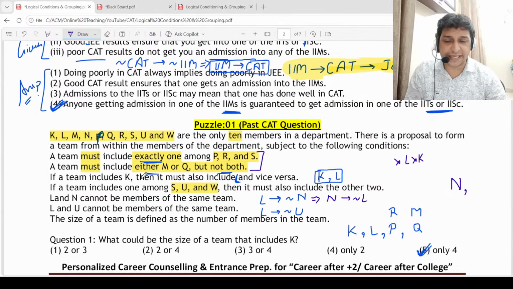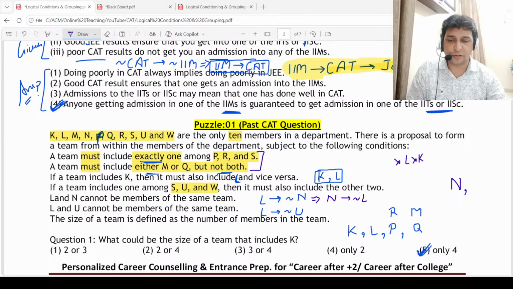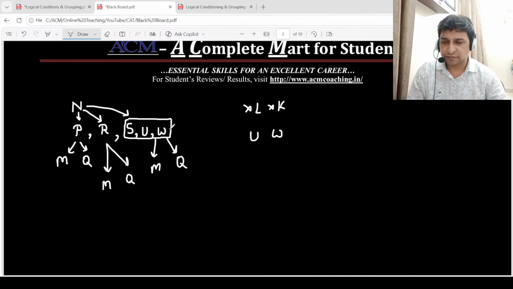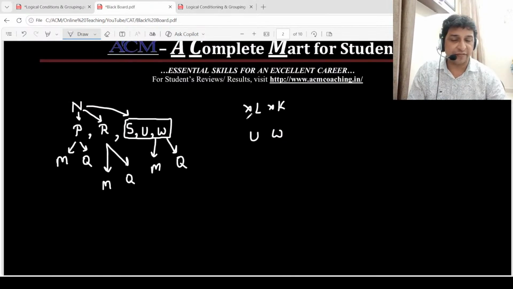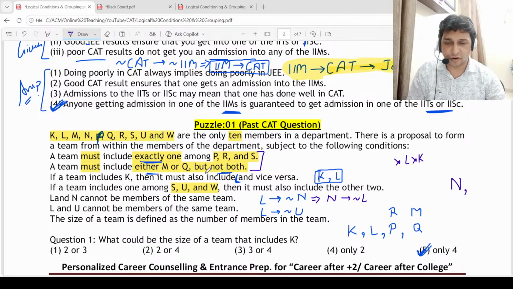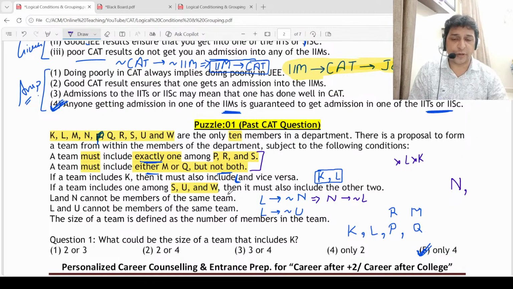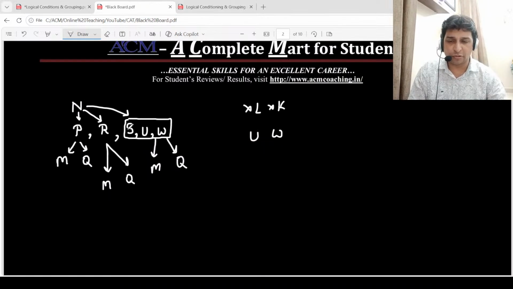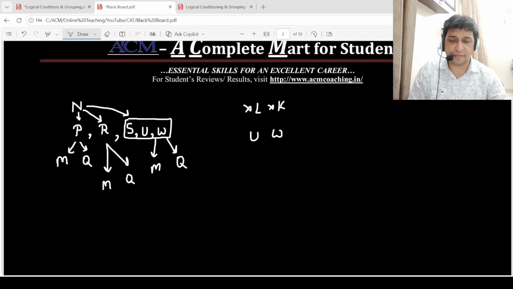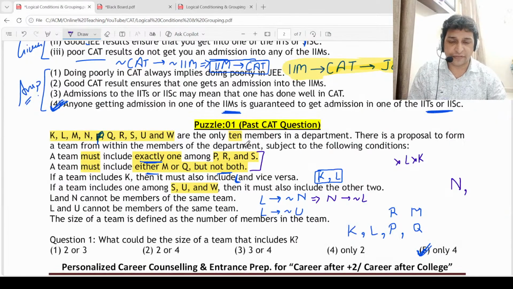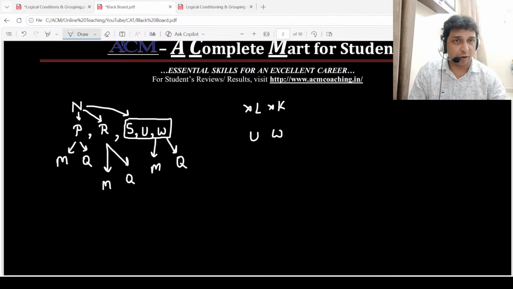If a team includes K, then it must include L also. So L and K have to be together, or they will not be. A team that includes one among S, U, and W should have the other two also. So if S is there, then U and W have to be there. L and N cannot be members of the same team. So if N is there, L cannot be, and if L cannot be, then K also cannot be.